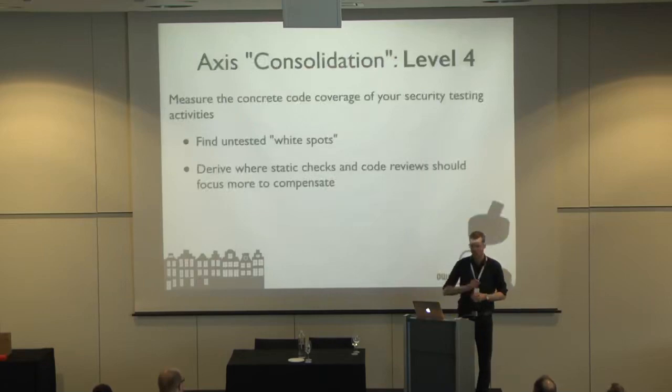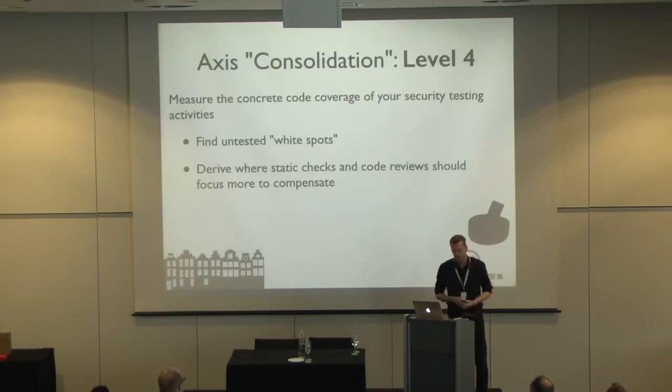Okay, so the last level, level 4, the blue belt, is just to find the white spots or the unchecked areas within your project where you've not yet had good coverage of your automated security tests. This is basically to find spots that should get a better code review.